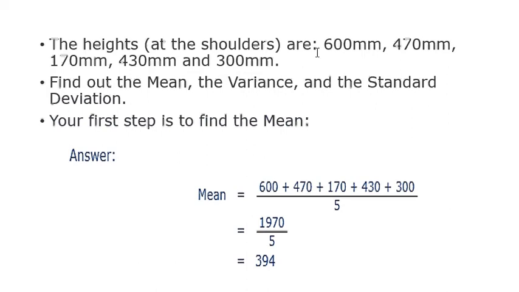We total all the heights: 600 plus 470 plus 170 plus 430 plus 300. We divide by the number of items, which is 5 dogs. So 1970, the total height, divided by 5 is 394. That is the average, or the mean, of all the heights of the dogs.